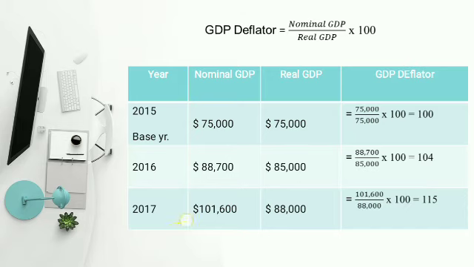In 2017, it is 101,600 divided by 88,000 times 100, which is 115. This is the GDP deflator for the base year 2015, 2016, and 2017.